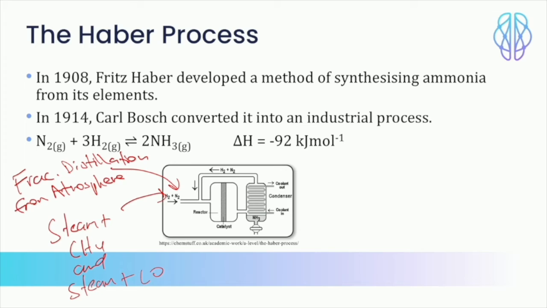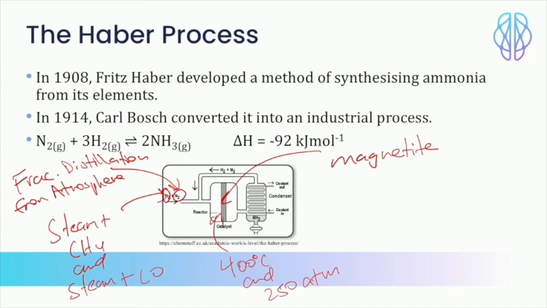So we get hopefully pretty purified hydrogen and pretty purified nitrogen entering our reactor, right? This reactor is set at 400 degrees Celsius and 250 atmospheres. So relatively high temperature, relatively high pressure, and we have a magnetite catalyst.